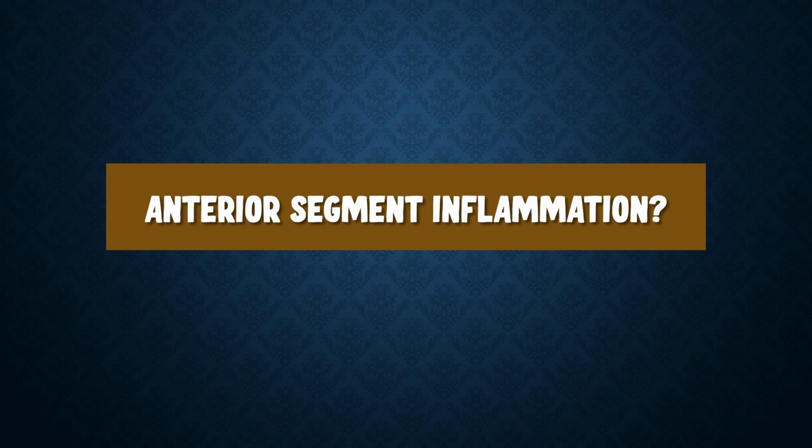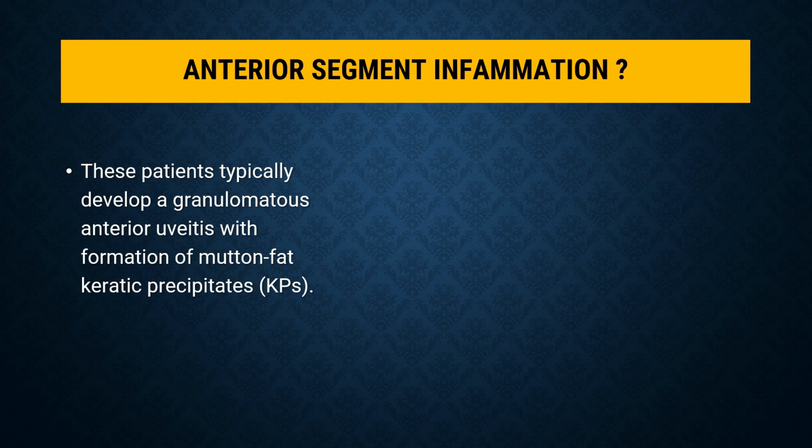Now, what about the anterior segment inflammation in intermediate uveitis, right? So you might be thinking that I told you there's no anterior segment inflammation in intermediate uveitis. That's right. In intermediate uveitis, predominantly you are going to see the vitreous cells. Okay, so the vitreous inflammation is going to be much more than the anterior segment inflammation.